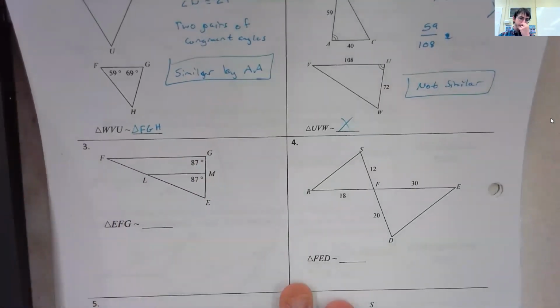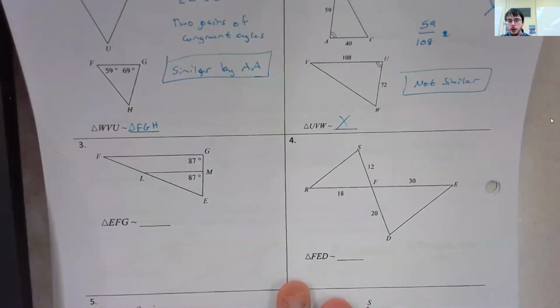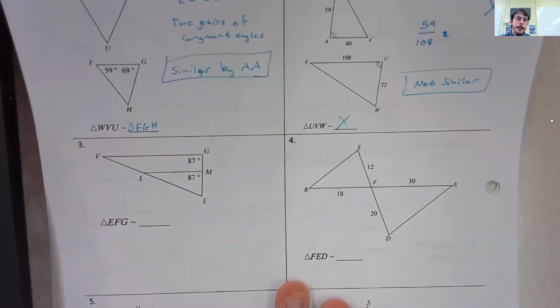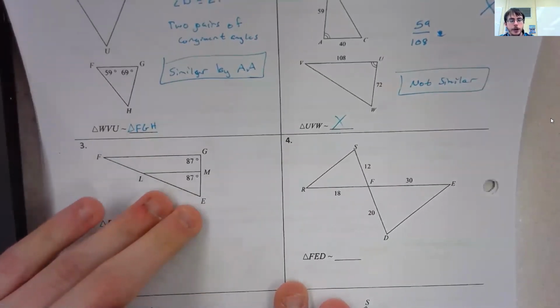So what you need to do, just like when we were doing congruence postulates, is look and see if you have a shared angle, okay? Unlike congruence, where we look for shared sides, we're still going to be looking for vertical angles in similarity, but we're going to be looking for shared angles as well, okay?